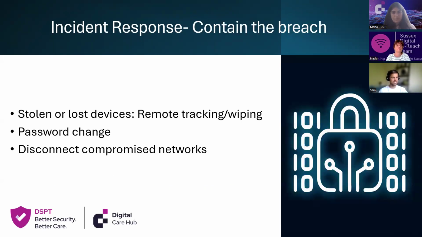Now, I mentioned containing the breach. Again, very important. A few things we can do to actually contain a breach. And there's a number of different ways. As I say, there are hundreds of different scenarios that could create a data breach. And I definitely will not go through all of them. They could be down to simply losing something in your office and retracing your steps.